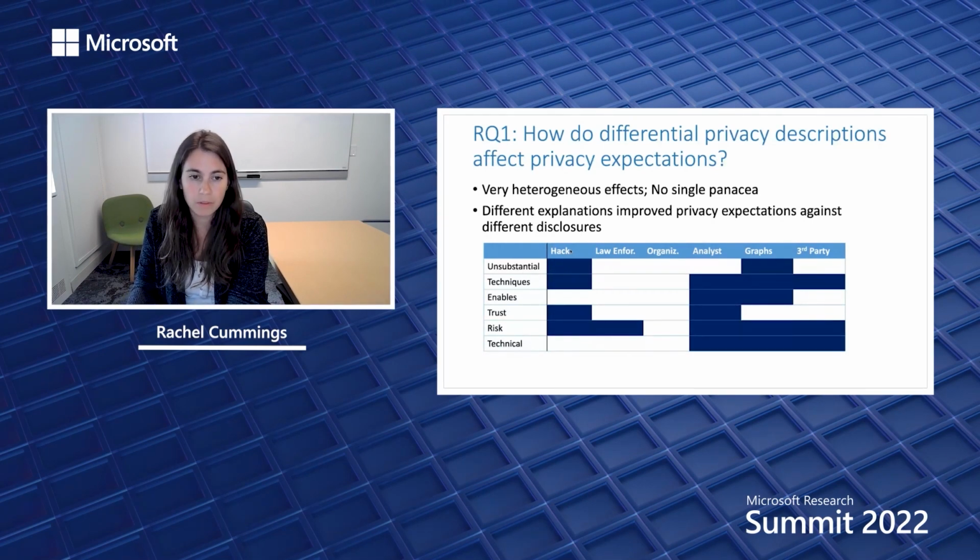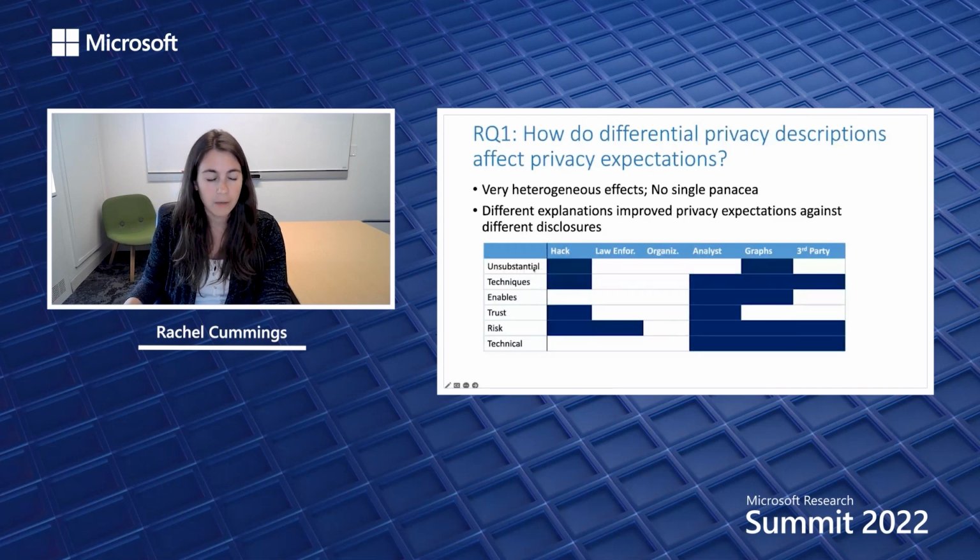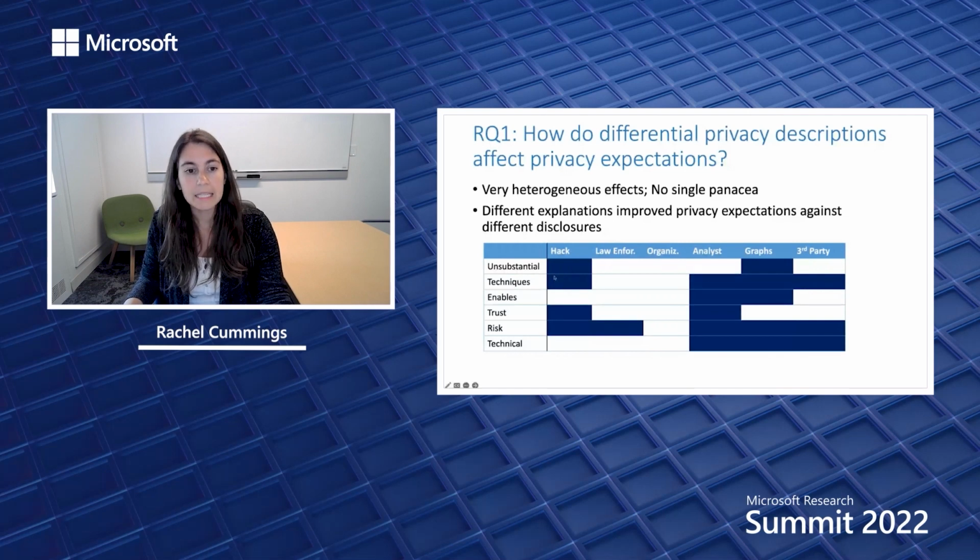And we're talking about 95% confidence here. Bolded means that yes, it was true that if users were given the unsubstantial privacy definition, they in fact did expect stronger protections against hacks.